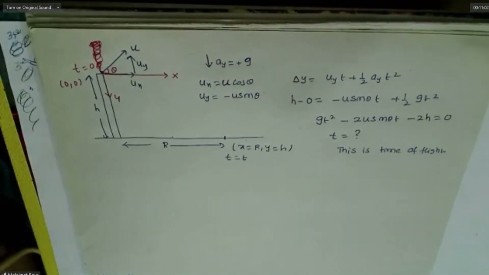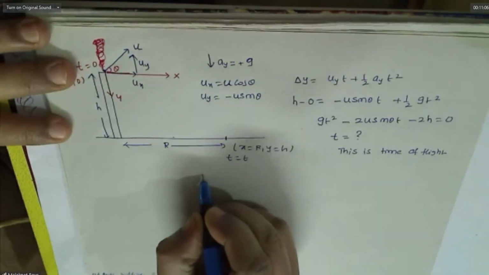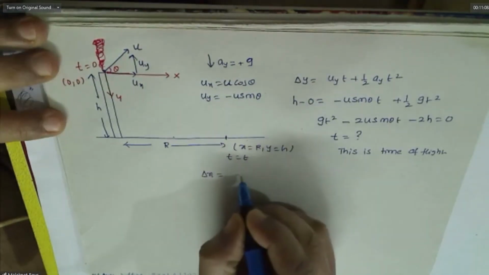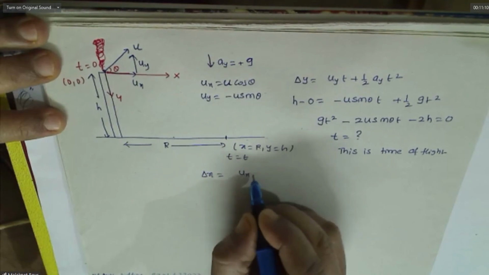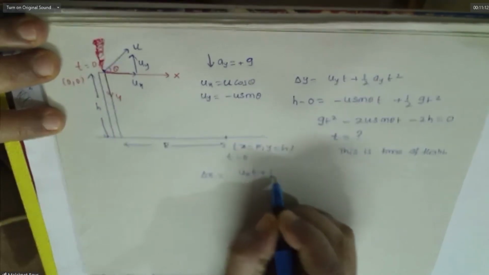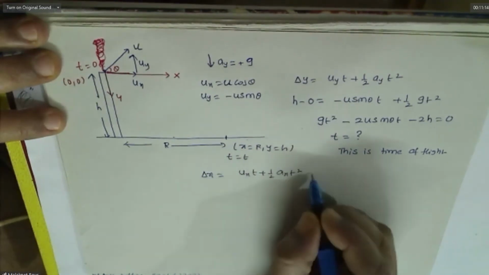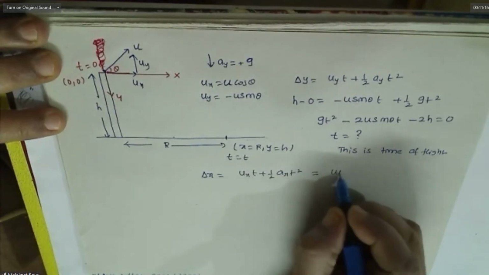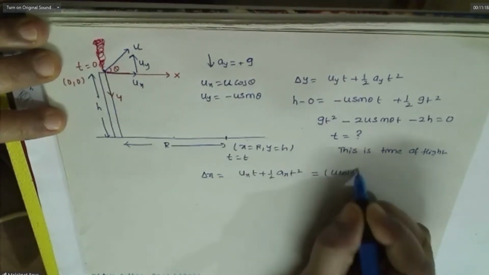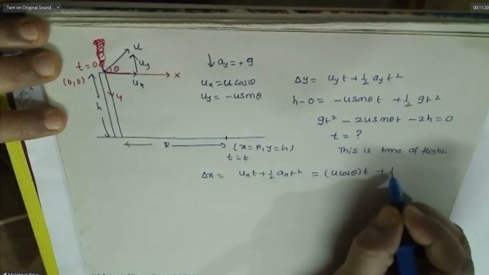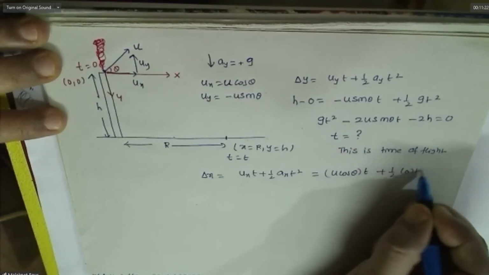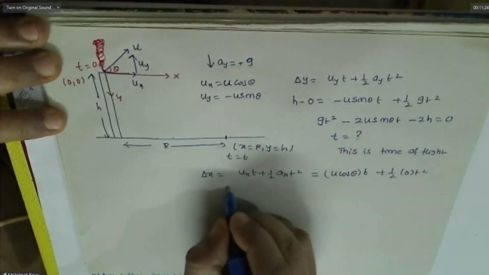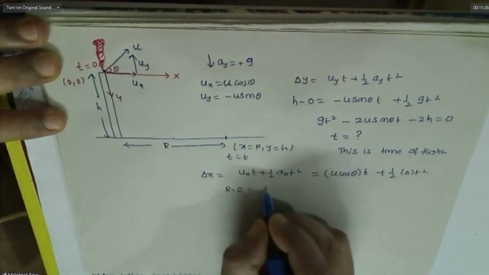Understood this? Clear? Similarly, if you take delta x, it is u t plus half a t squared, that is u cos theta t, since there is no acceleration in the x direction. This is final x minus initial x.